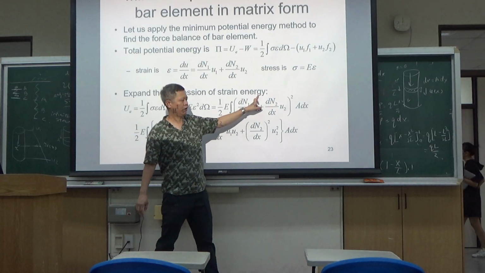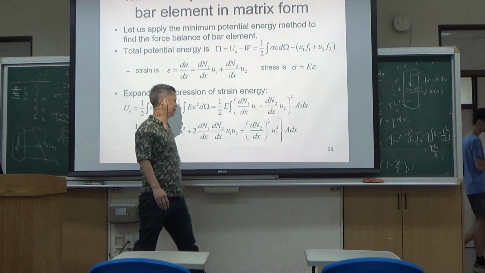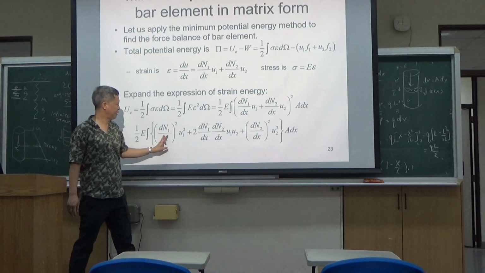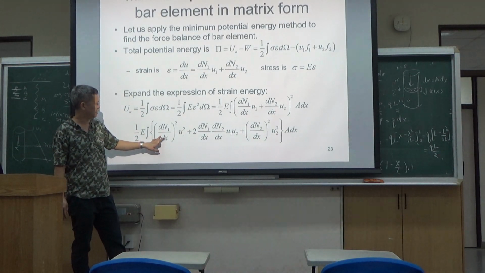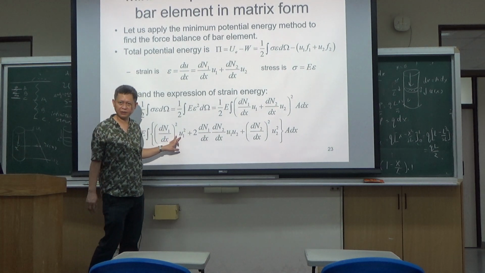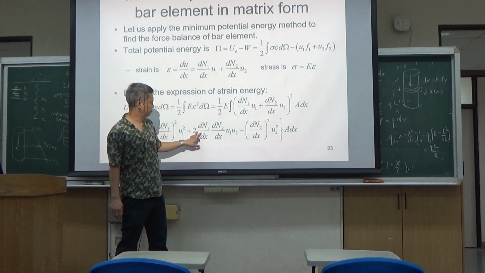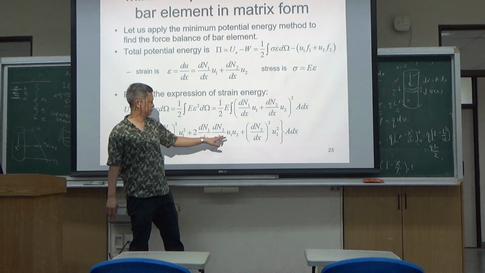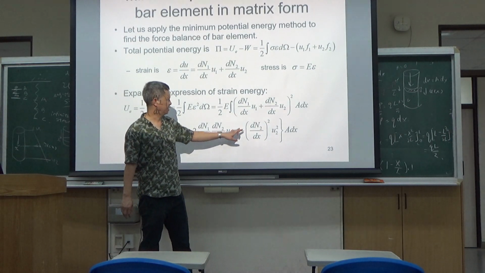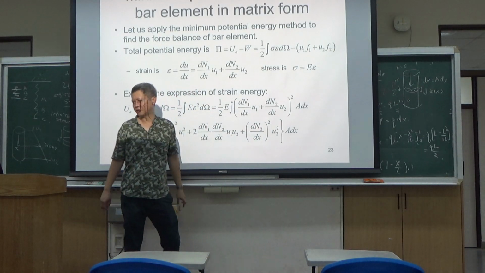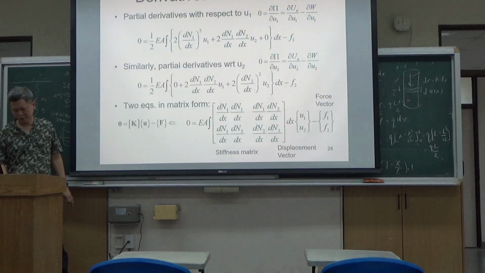They are the square of the B matrix and displacement vector. If you expand them out, you have the shape function gradient squared times displacement squared, plus the product of two shape function gradients times displacement, then the final term is determined by the gradient of the second shape function and displacement 2.